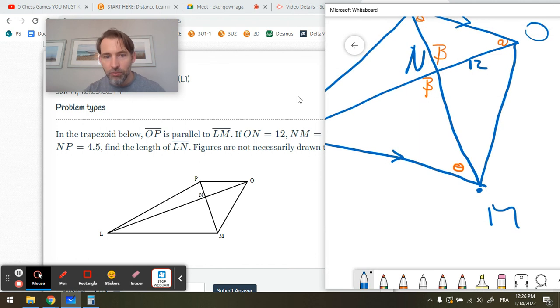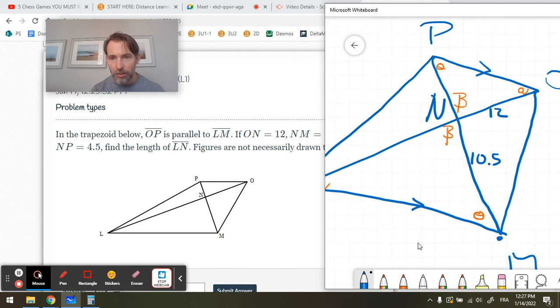My diagram is way different than theirs, but it's fine. So this one is 4.5. That one is 10.5. This is 12. And this is the one we're trying to solve, right? LN. Yes, this one, LN. So I'm just going to put a question mark there.